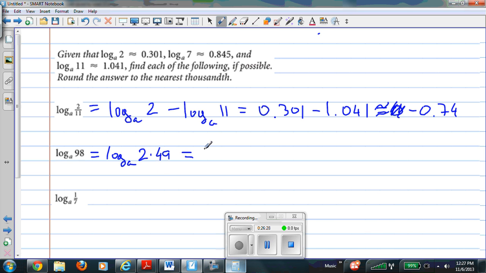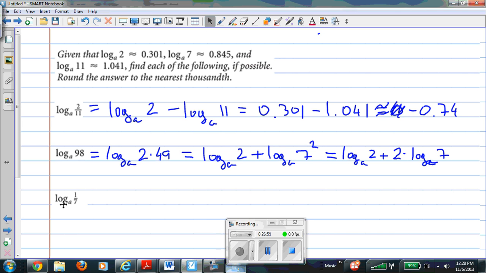So using the product rule, that becomes log base a of 2 plus log base a of 49. 49 is 7 squared. Well, that's lucky because I know what log base a of 7 is, and using the power rule, I can bring that exponent 2 down, so it's 2 times log base a of 7.